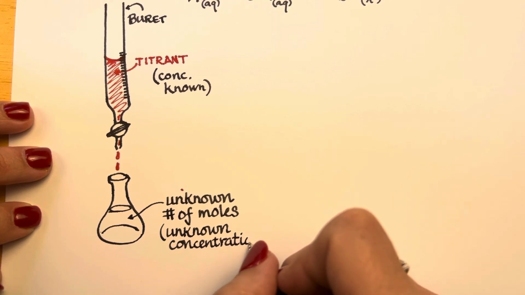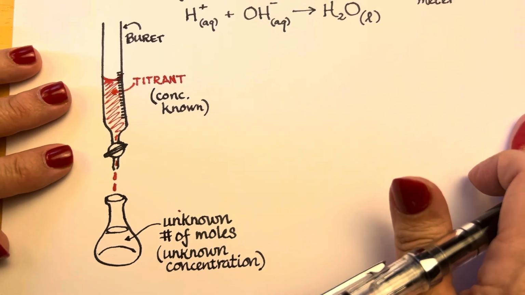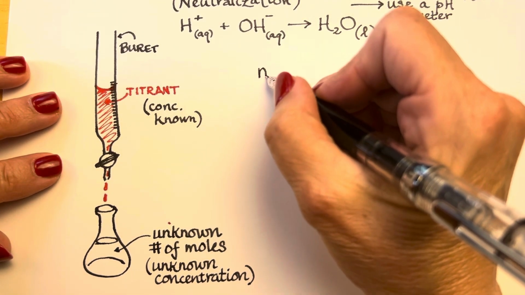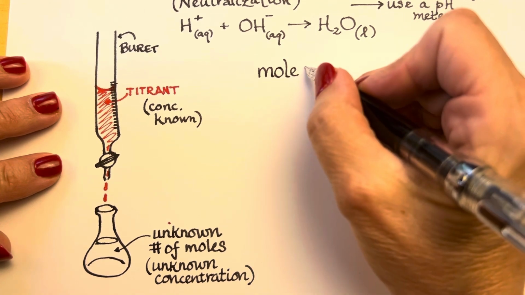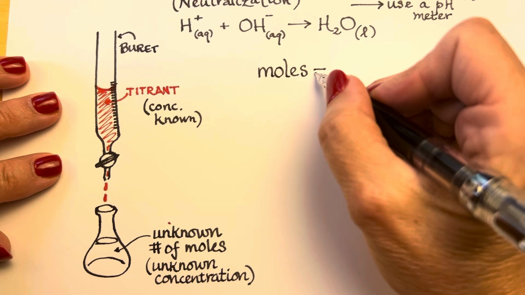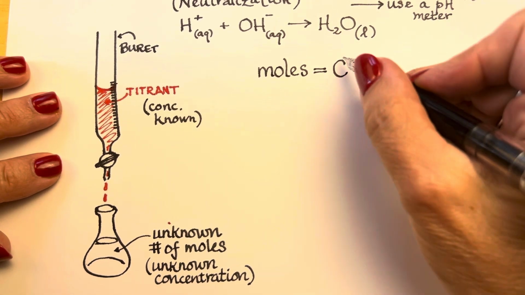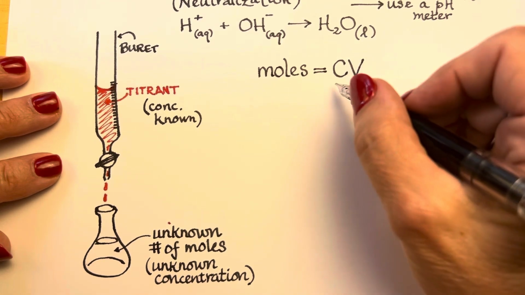And why is that? This relationship: moles equals concentration, I use capital C for concentration, times V, volume.